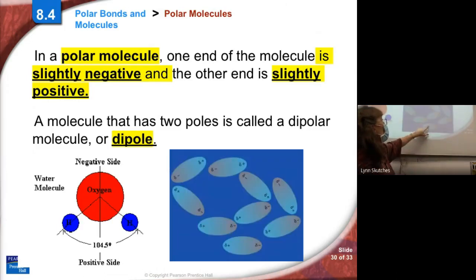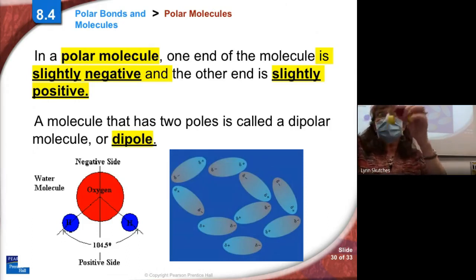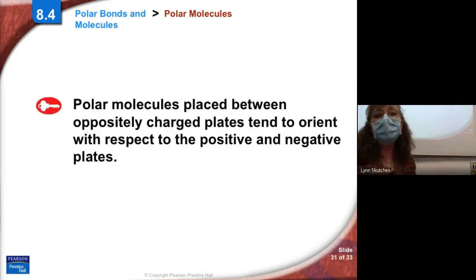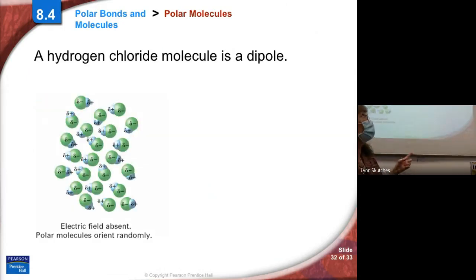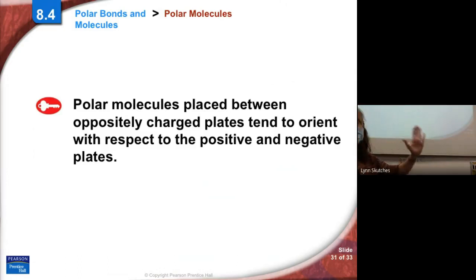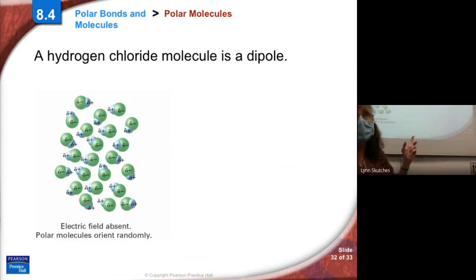And so in a liquid, it's going to be kind of jumbled. In solid water, ice, it's going to have to orient a certain way to freeze. But we can also do that artificially by putting the substance between 2 electrically charged plates, and the molecules will orient themselves.